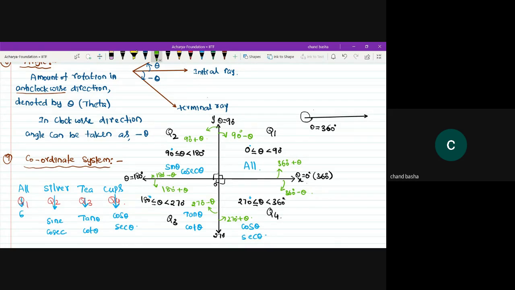On a horizontal line, 360 and 180 are given to you. So based upon the given angles, you will be able to understand this coordinate system. Is it clear, guys? Yes, sir.